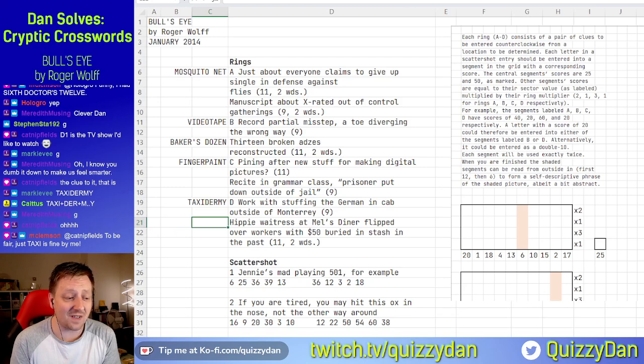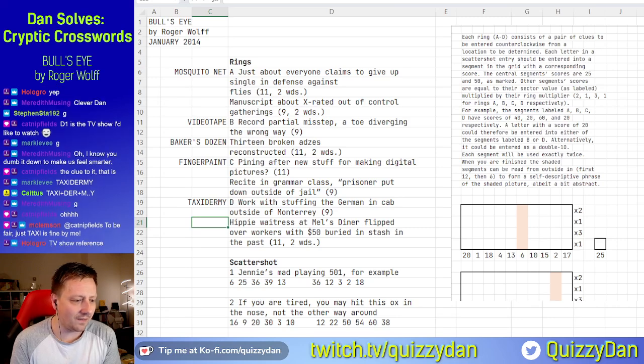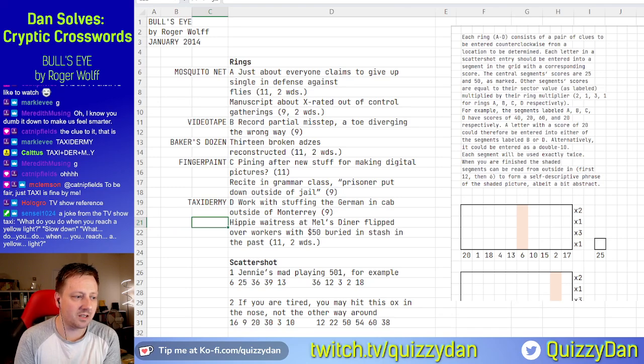Is that going to be just sort of M for 50? Why would M be 50? It's L. L for 50. Buried in stash in the past. I'm going to have to come back to that one. But we've got some good stuff in there that will help us. As soon as we fix some stuff in ring B, for example, we'll be able to put them all in.